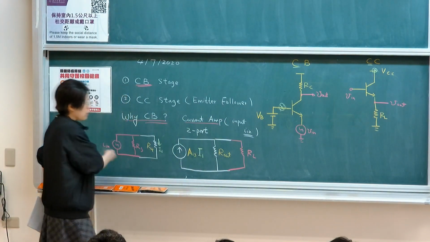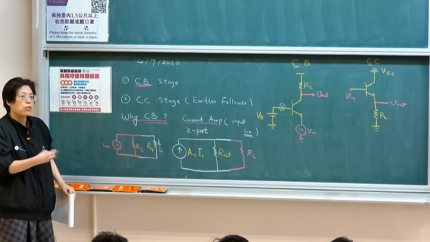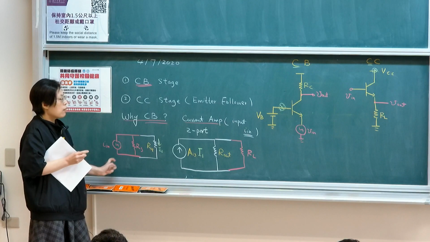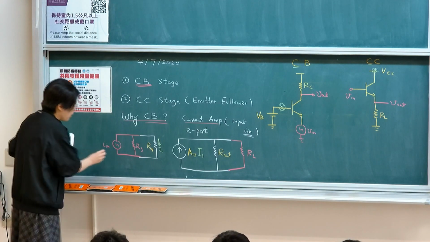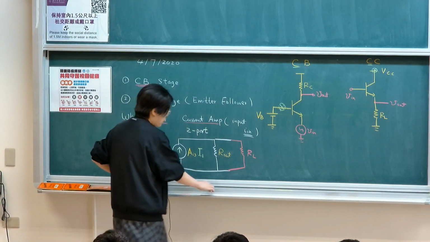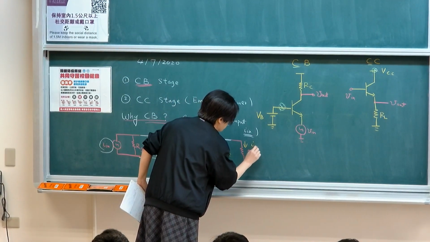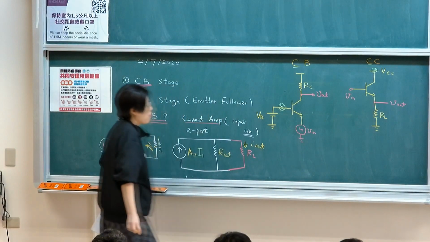If this is the case, this is the same as the analogy we talked about with the voltage amplifier 2-pole model. This is just dealing with current. So input is current here, and your output current is whatever current is flowing out at the out terminal.